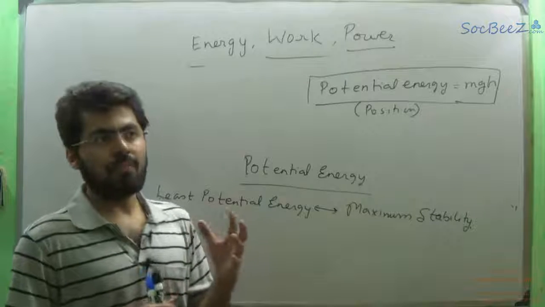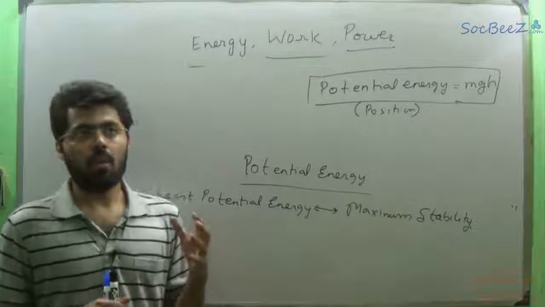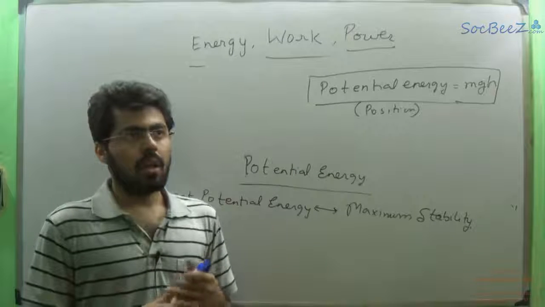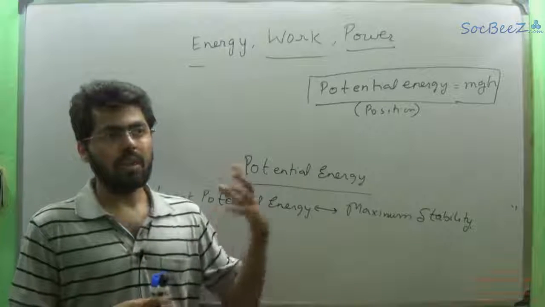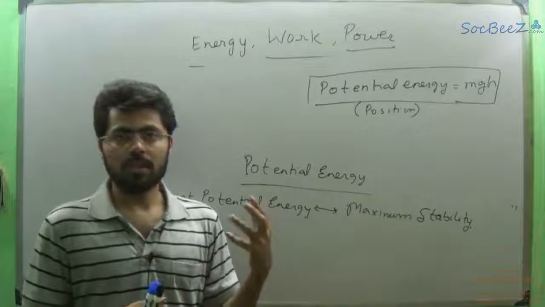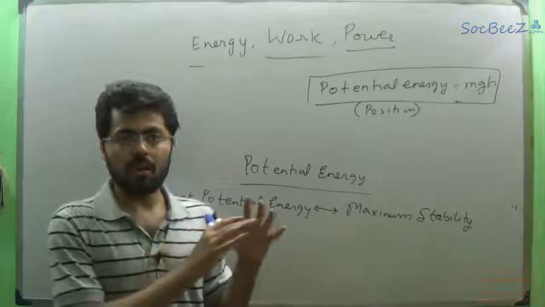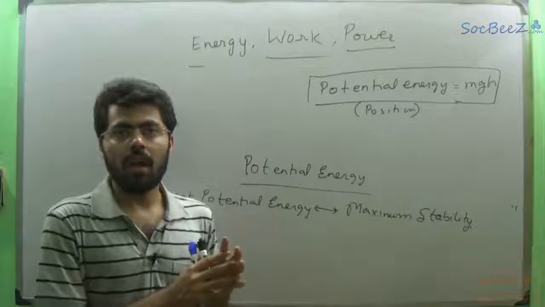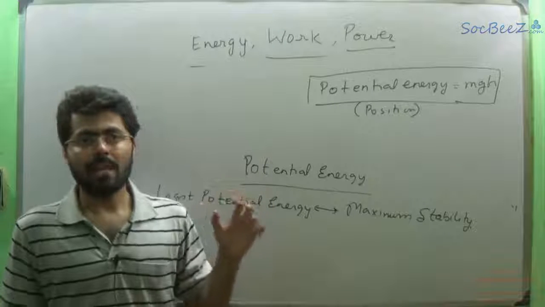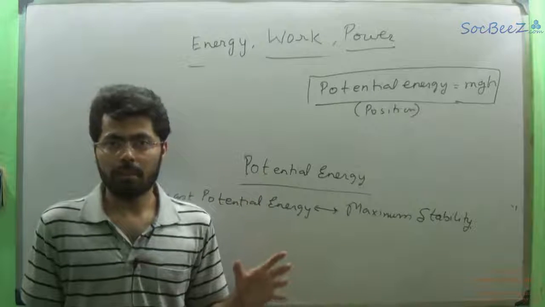So for all the physical phenomena which happen around you in the universe, if you try to find out the reason behind them, then we will see a force that is trying to pull everything in the fashion in which they are, and the main purpose of the force is to let them attain the maximum stability.